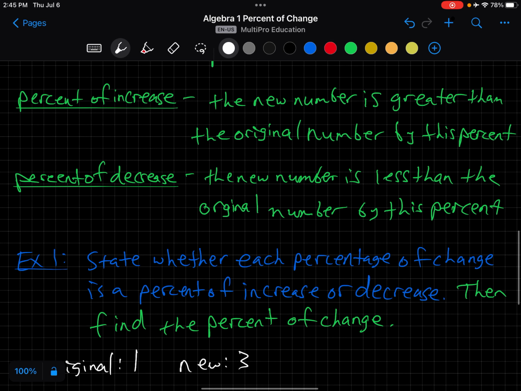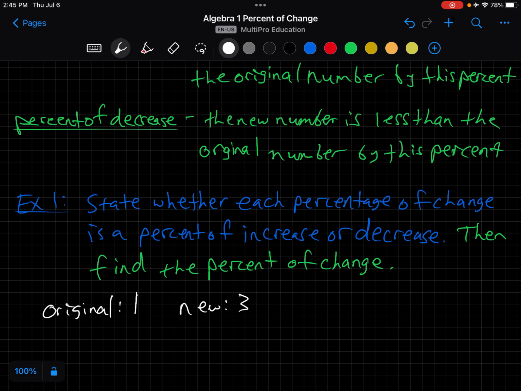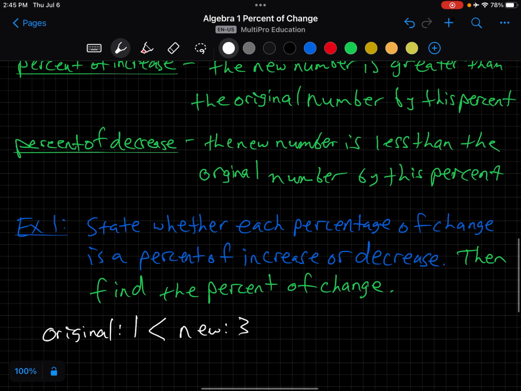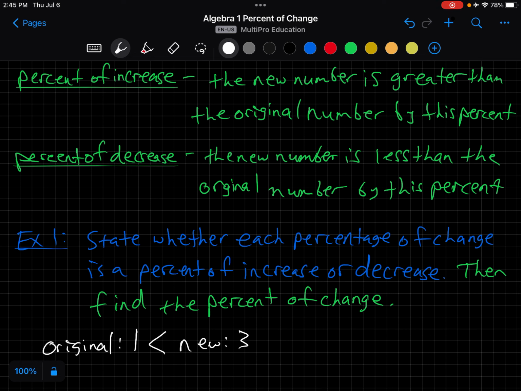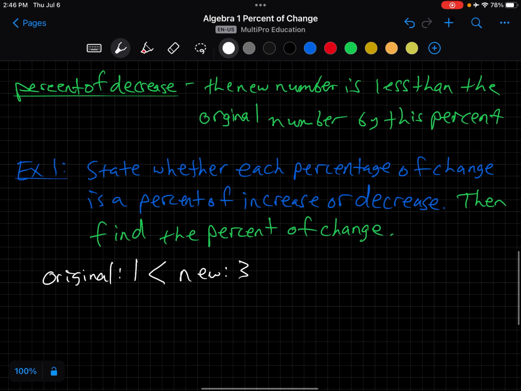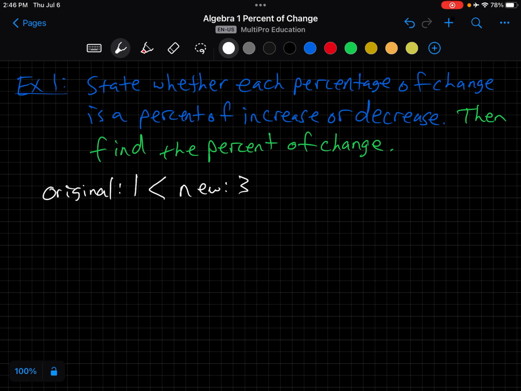Now, is the new number greater than or less than the original number? 3 is greater than. So the new number is greater than the original number. So this would be a percentage of increase from our definitions that we said. Okay, so we're going to say that this is a percentage of increase.